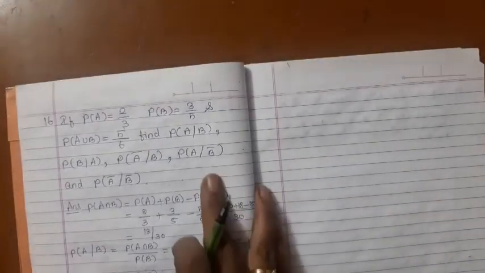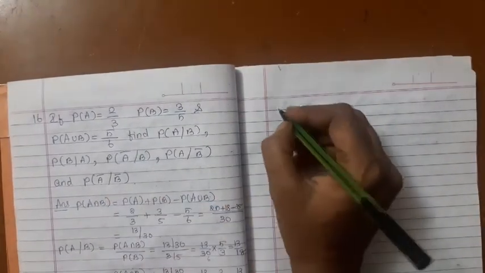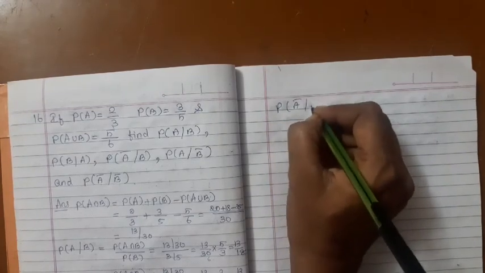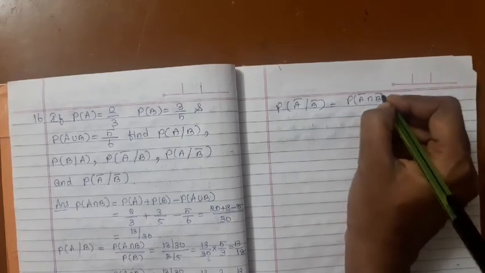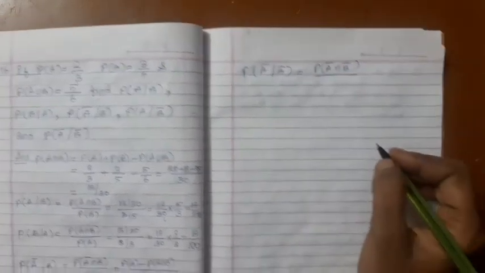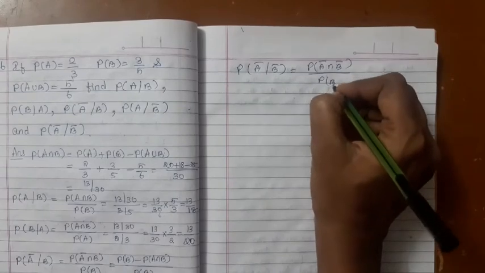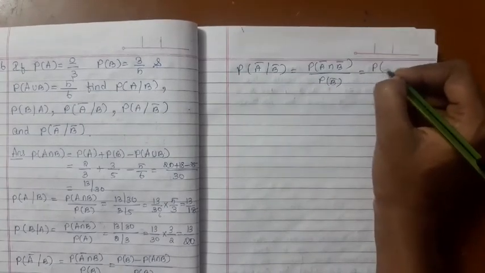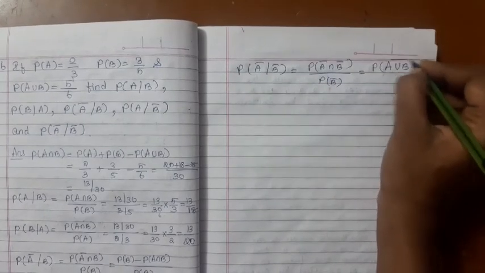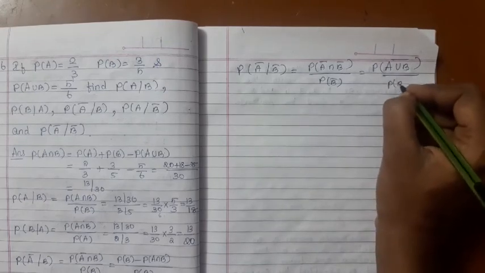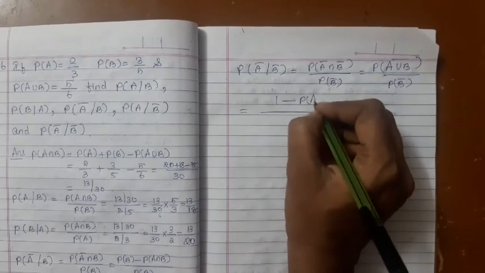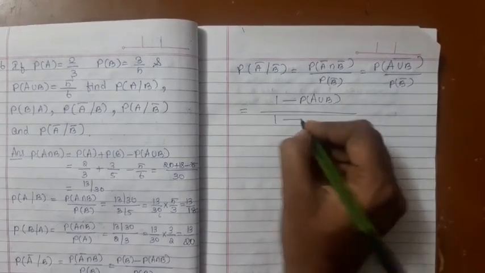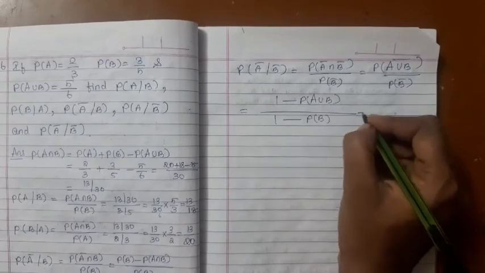Okay. And what else to do? Probability of A given B bar is also over. We should do probability of A bar given B bar, which is equal to probability of A bar intersection B bar divided by probability of B bar. This can be written as, by De Morgan's law, probability of A union B the whole bar divided by probability of B bar, which is equal to 1 minus probability of A union B, 1 minus probability of B in the denominator.